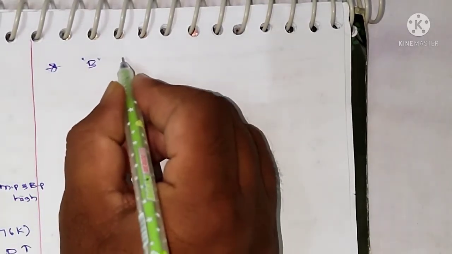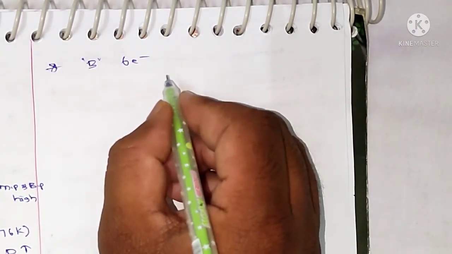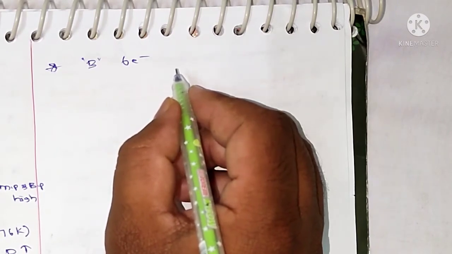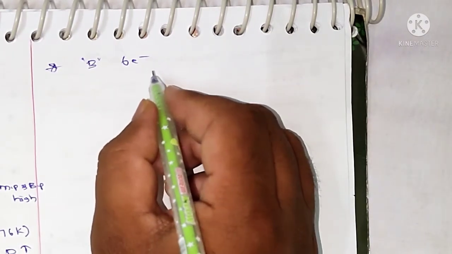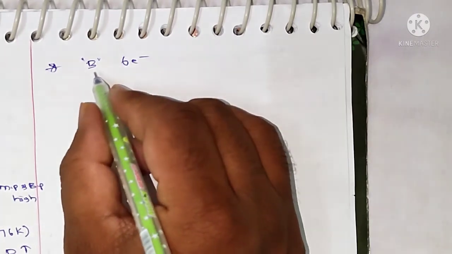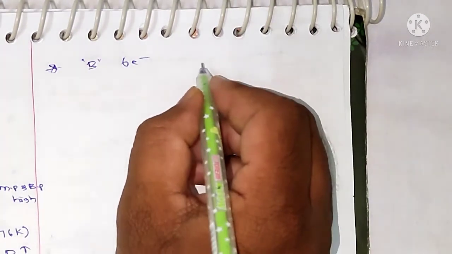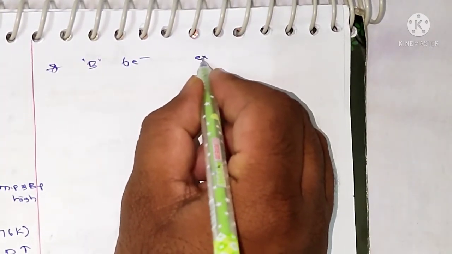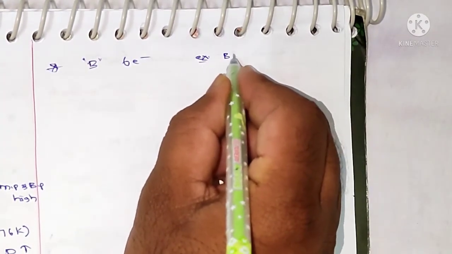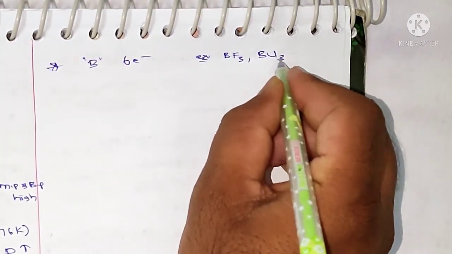boron has 6 electrons around it, so to achieve a stable electronic configuration it accepts a lone pair. Then boron acts as a Lewis acid. For example, I am taking BF3 and BCl3.